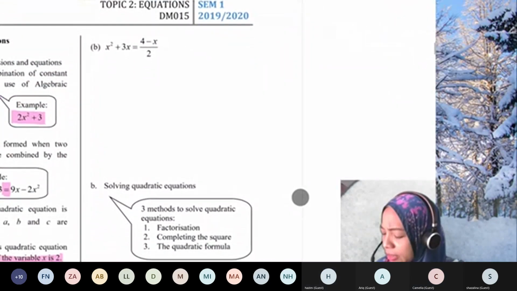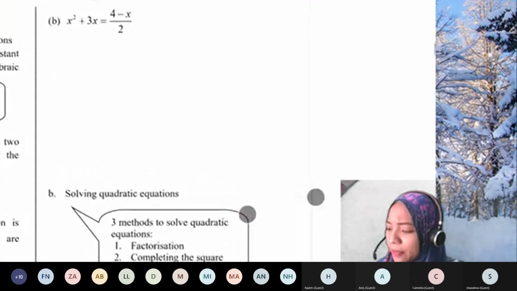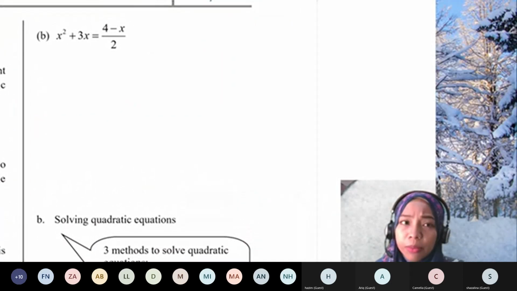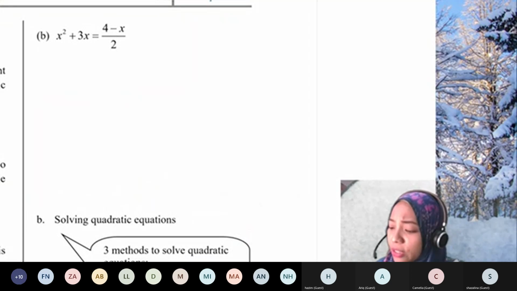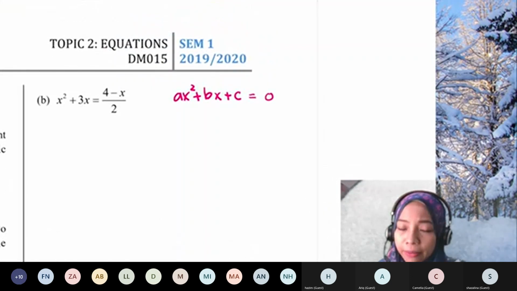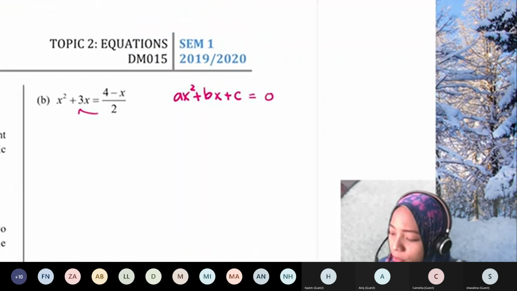Alright. Okay, how about this one? Let's do this together. Basically, you want to get rid of the denominator. Your target is to get ax square plus bx plus c equals to 0. So now, you multiply 2 on both sides.